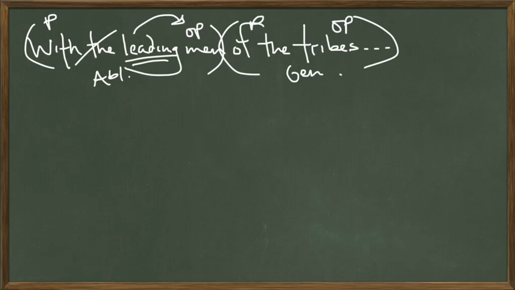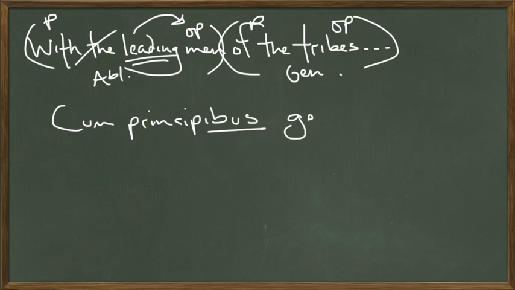Okay, so if we were to translate this into Latin, we'd have cum principibus. So there is the ablative plural ending, and here's our root word, princip, from principes. Cum principibus, with the leading men of the tribes.